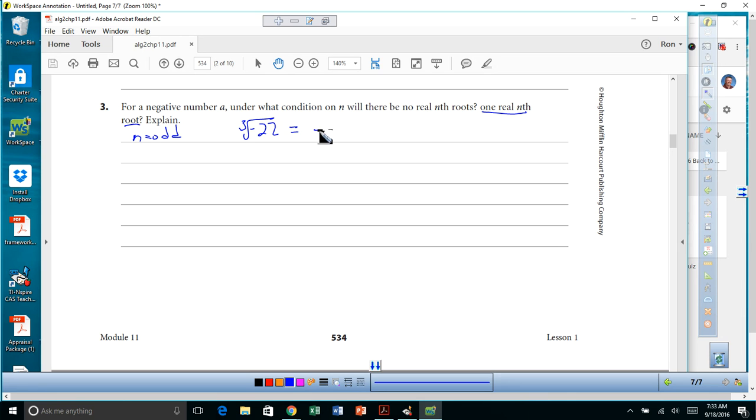We know that is negative 3, because negative 3 times negative 3 is positive, multiply that by negative 3, and you get negative 27. Okay?